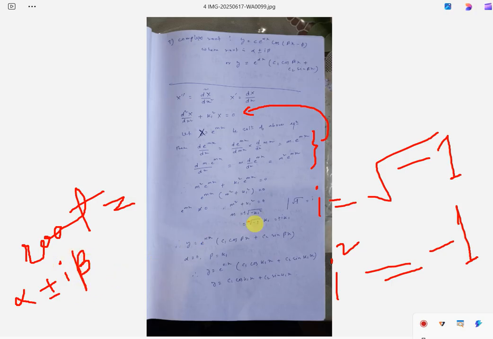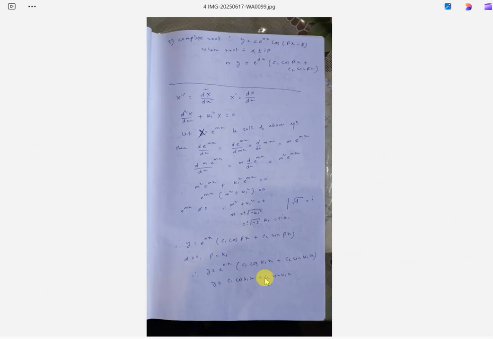But what we got here is plus minus i k1. So alpha is equal to 0 and beta is k1. If we do the substitution, e to the power 0x is 1, so the solution will be c1 cos k1x plus c2 sin k1x.